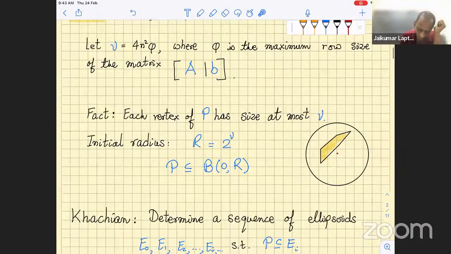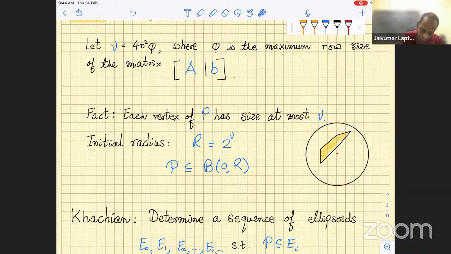So the first observation is that we have to start everything by putting our polyhedron, which we are assuming is bounded, inside an ellipse. In fact, we'll start by putting it inside a ball.